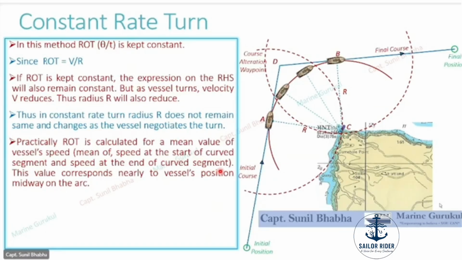We make an estimate of the drop in speed, and on that basis we find a mean speed. Let us assume you are entering the turn at a speed of 12 knots and you expect that when you exit the turn the speed will drop by 1 knot, to 11 knots. So we plan this rate of turn using the mean speed, in this case the mean of 12 and 11, which is 11.5.